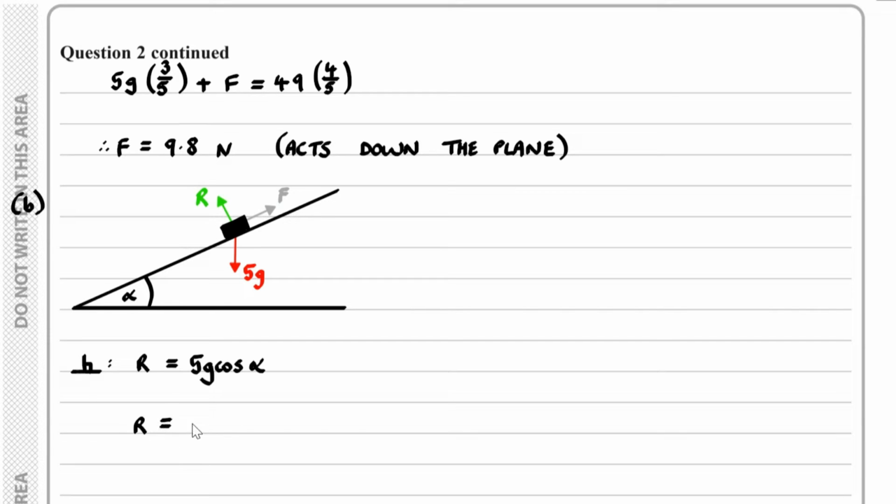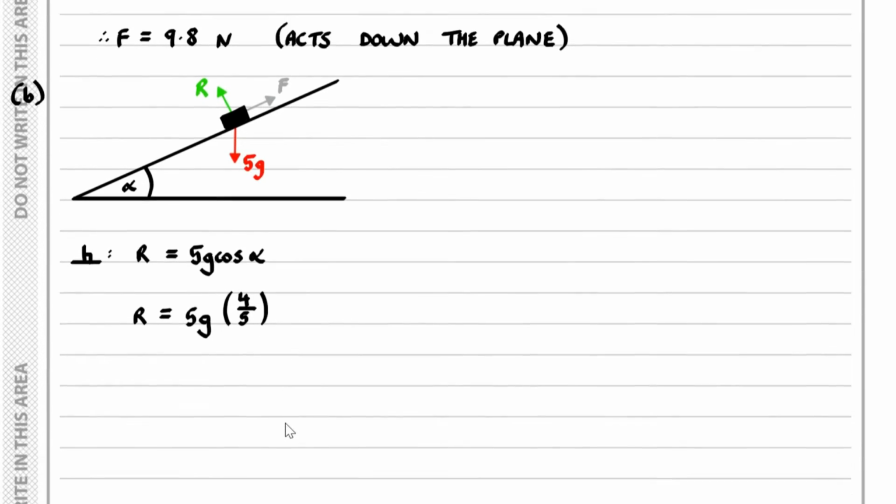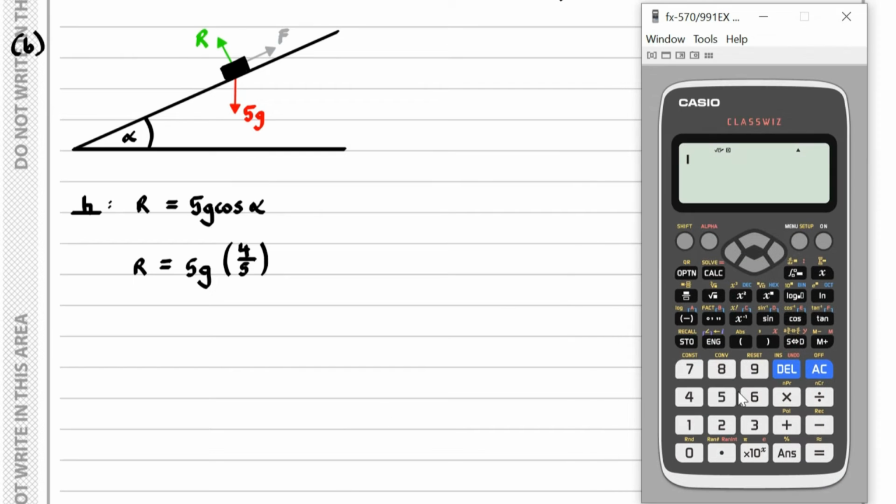So we have r equals 5g multiplied by 4/5. And so if we work out what r is, 5 times 9.8 times by 4/5 is 39.2. So the new reaction force is 39.2 newtons.